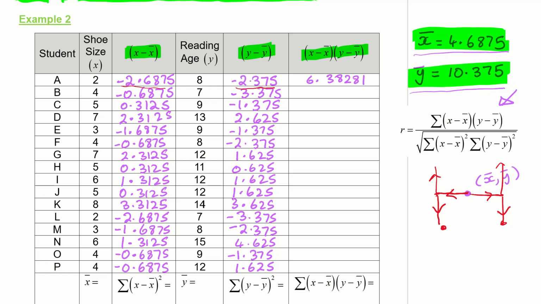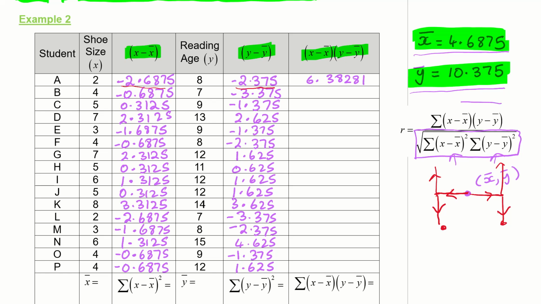Now, when you look at the formula, if that sum is positive, we end up with a positive correlation. If that sum is negative, you end up with a negative correlation because the bottom must be positive. We've got squared quantities in here, and we're taking a square root, which is going to return a positive.